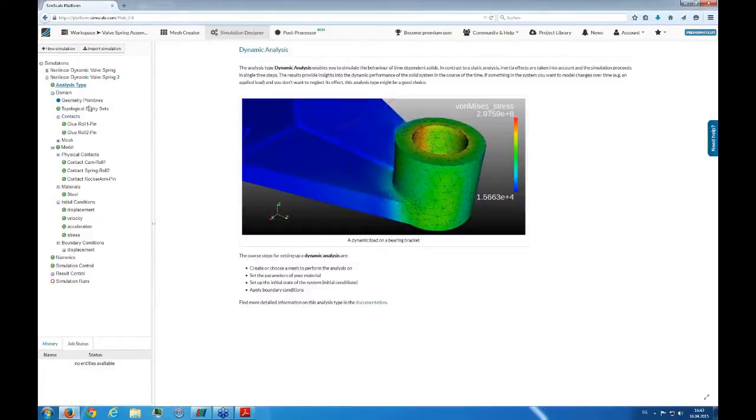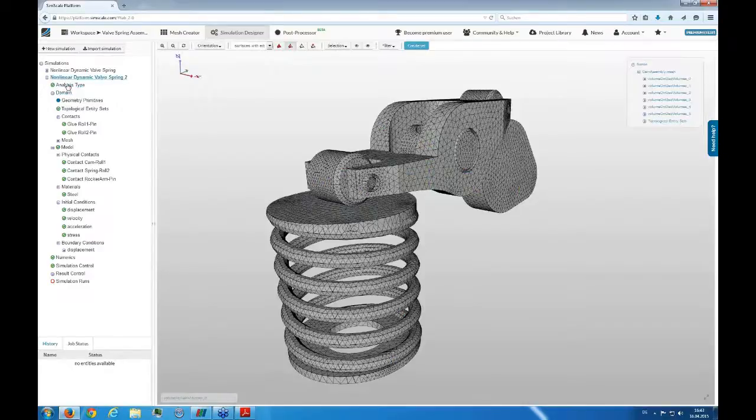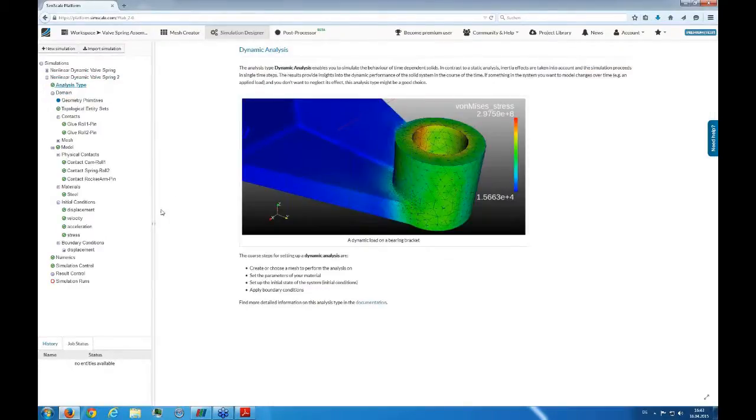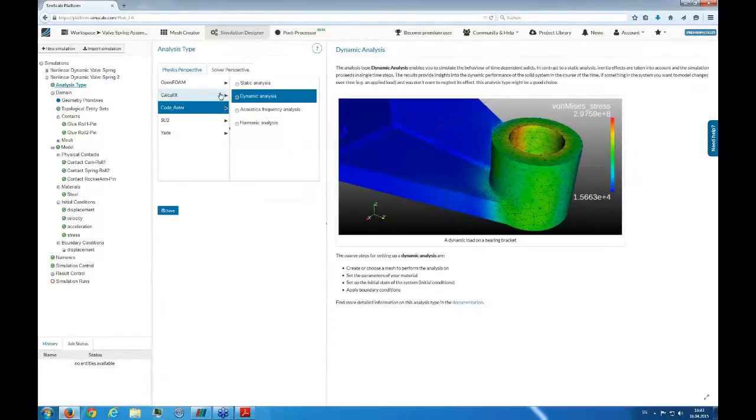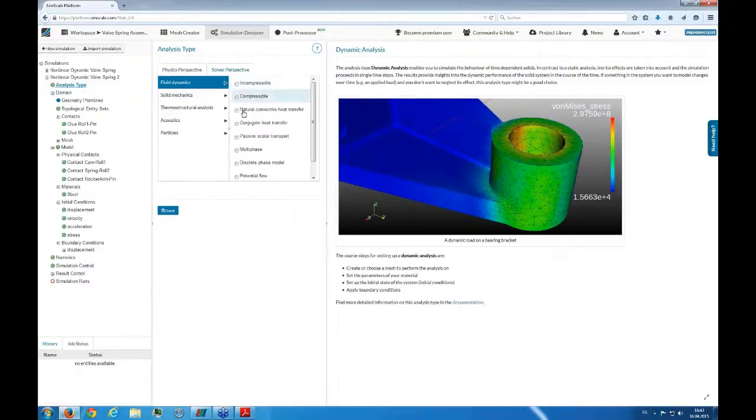But what we first do when setting up the simulation is to choose the analysis type. In the first sessions you did a lot of fluid dynamics. Last time we already did frequency analysis, and this time we use a dynamic analysis.